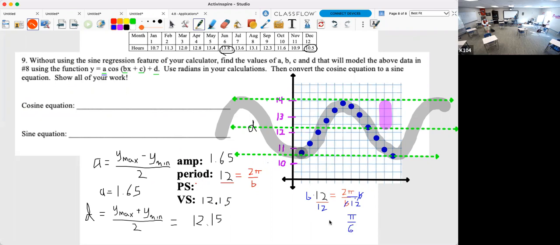So we have b. And remember, what I'm doing here, I'm trying to find all of these, A, B, C, and D, so that'll give me the whole model. So the last thing we have to do is we need C. It's the only thing we're missing. What does C have to do with in terms of these? It's the phase shift. And what is the phase shift again?